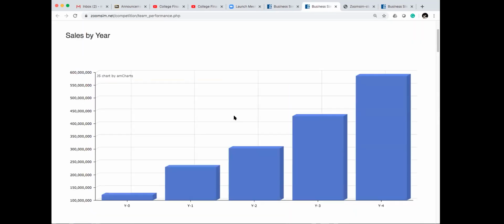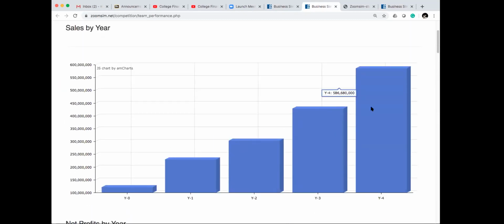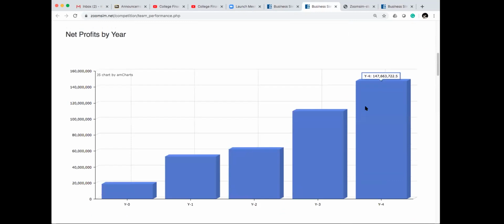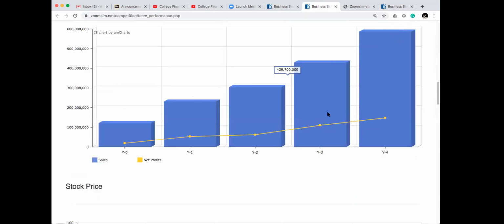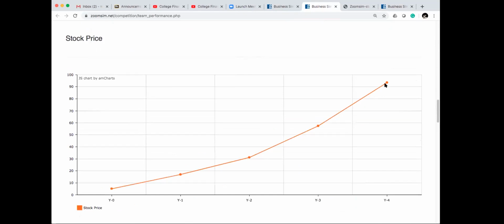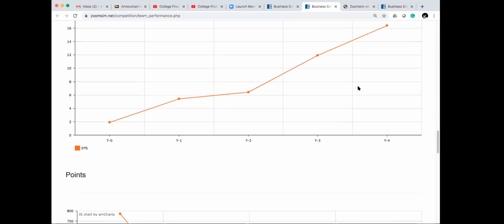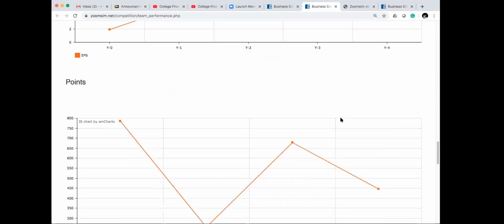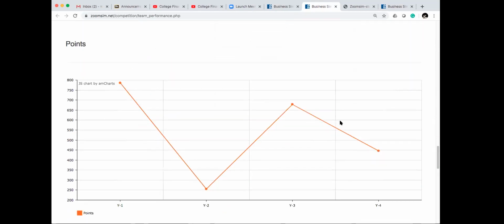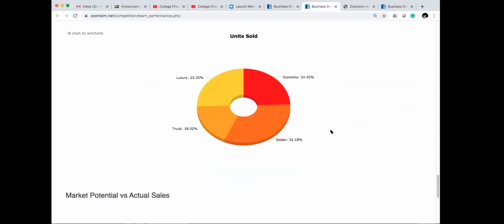Okay, so for this team, a nice uptick in sales each year and in profits, and sales and profits are on the right track. So everything in stock price is doing very well, earnings per share. Points. So year 2 was a low on your points, but 3 and 4 are doing very well.